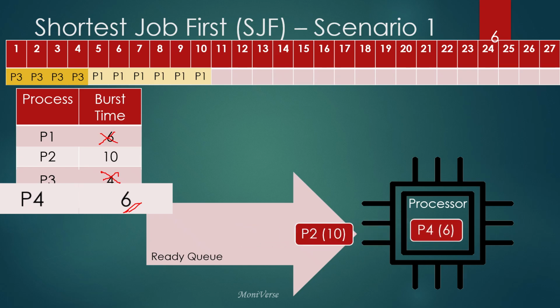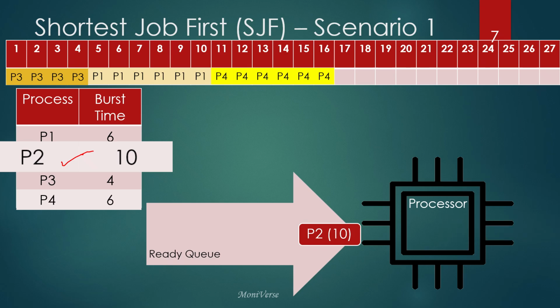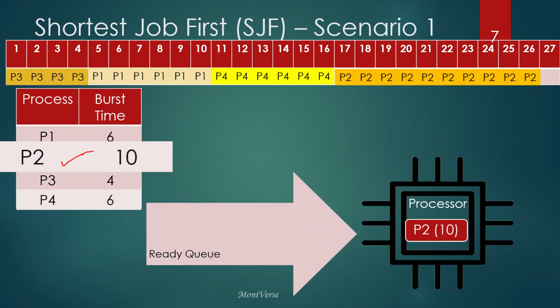As this is shortest job first and non-preemptive, its 6 units of time will be executed and put in the Gantt chart. After that, P4 also leaves the processor and only P2 is left, with the execution time of 10 units. So P2 finally enters the processor and is marked in the Gantt chart.